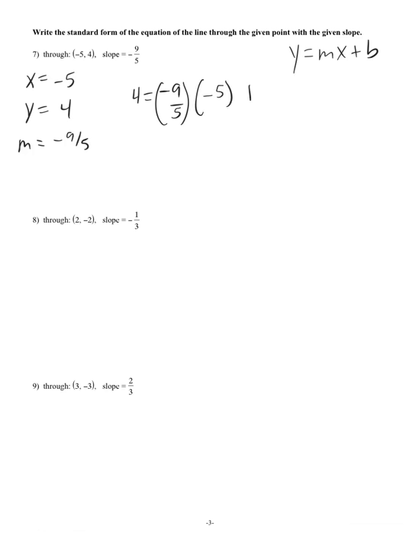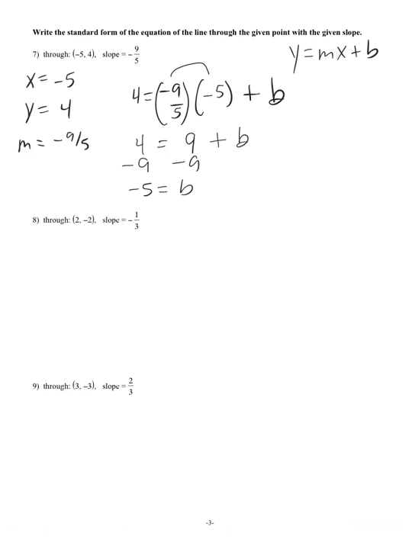I do not know what b is. If I multiply -9/5 times -5, I will get a +9. So now if I subtract 9 from both sides, I get b is -5.